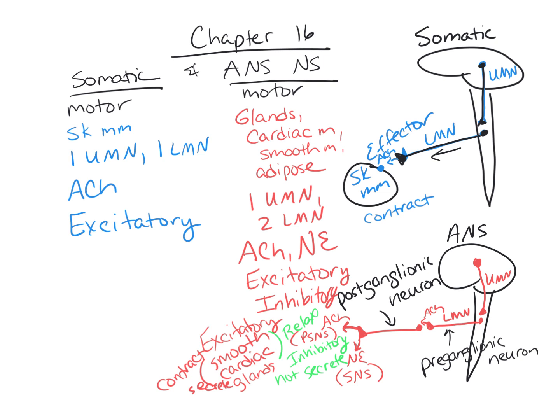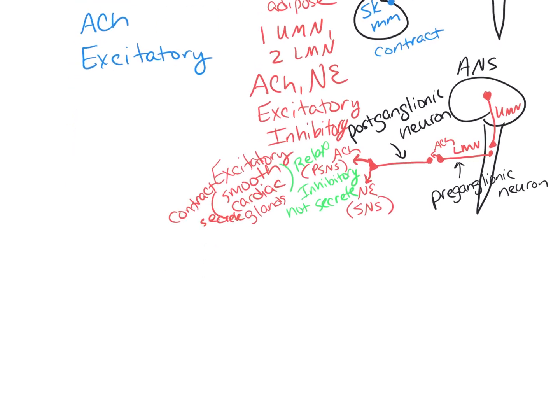And Chapter 16 is really dealing with the autonomic nervous system. So what we're going to do is look at the autonomic nervous system. The autonomic nervous system has two divisions, the sympathetic division and the parasympathetic division. So sometimes we call it the sympathetic nervous system and the parasympathetic nervous system.